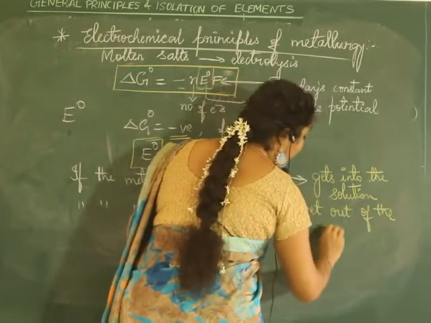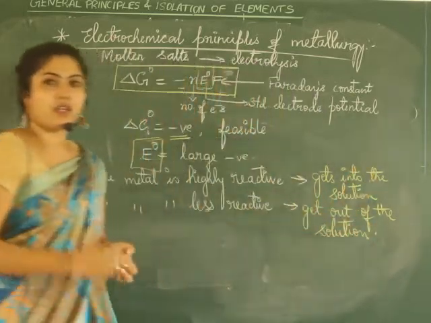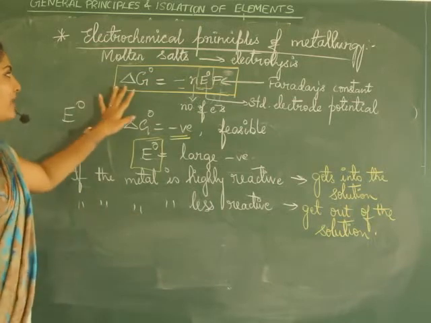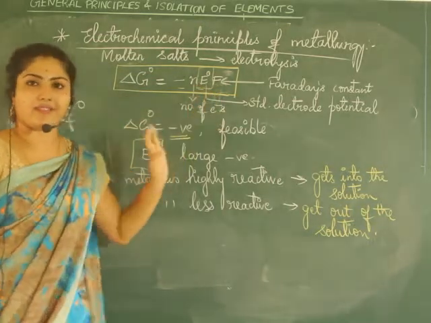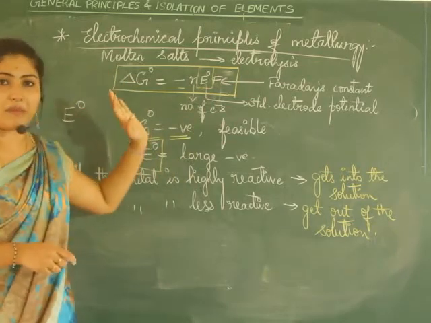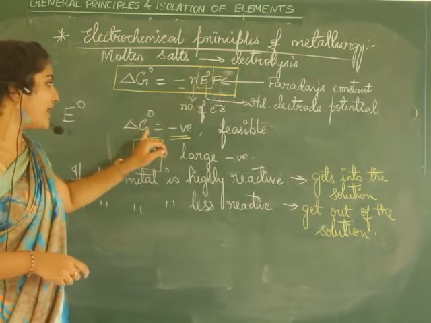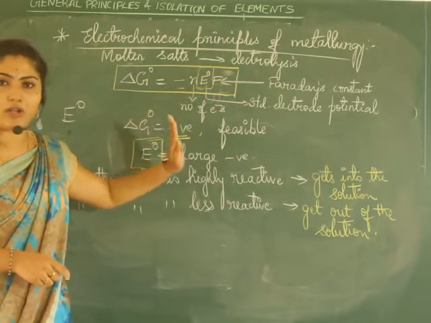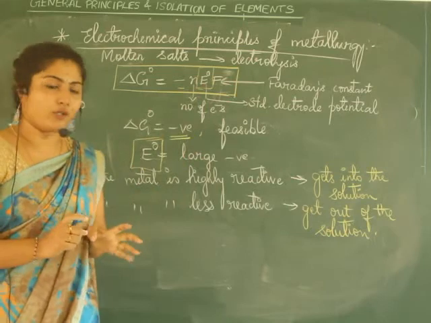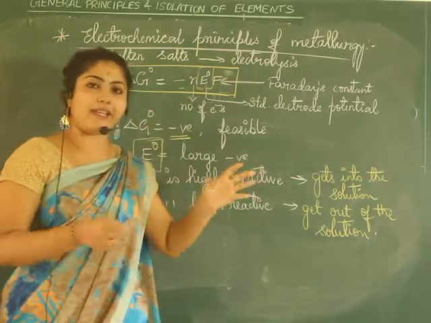I'll give you an example and tell you how it will get out of the solution. Remember this. Basically, to make it simpler, delta G naught is equal to minus n E naught F is the reaction equation which we consider under electrochemical principles of metallurgy. So we consider E naught values for the substance and check whether delta G comes to be negative or not. If it comes to be negative, then the reaction can be carried out. And during electrolysis, the highly reactive metal will get into the solution.